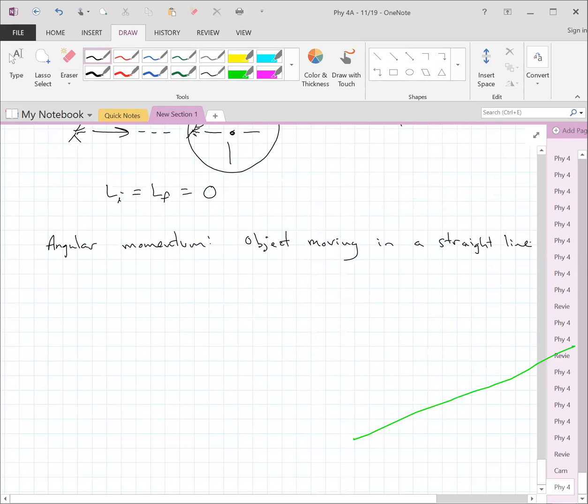Okay, so here we have an object moving in a straight line. Mass m, velocity v, and we've got a point over here. This is going to be our axis of rotation.